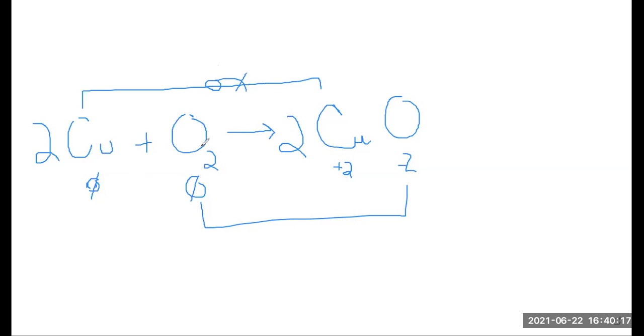It went down 2 steps, so it is the one that got reduced. If your oxidation numbers go up when you read from left to right, they are oxidized. If they go down, they are reduced.